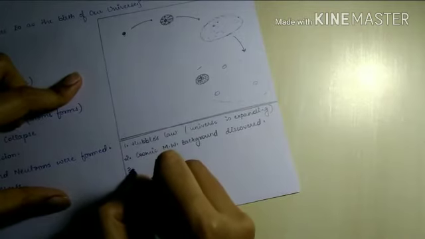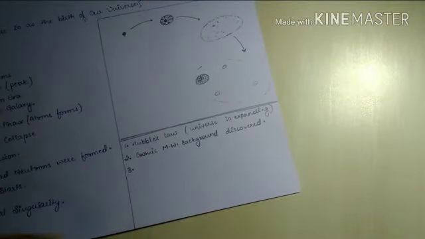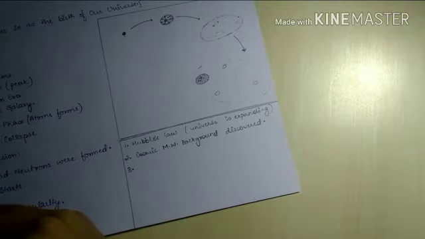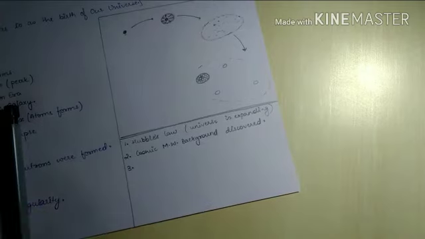Then the third one is that there are abundant light elements in the universe. As I said, the primordial singularity was expanding, and the density was becoming less and less.